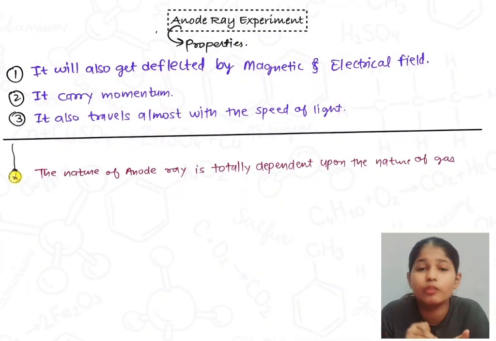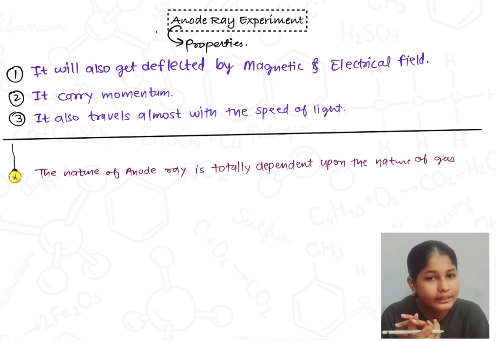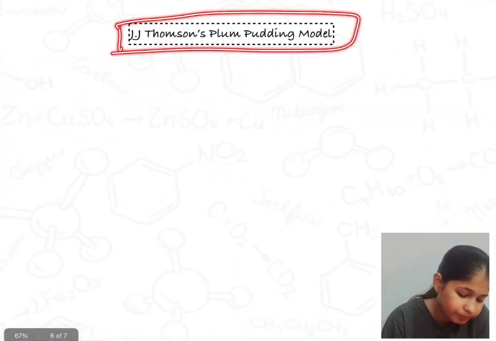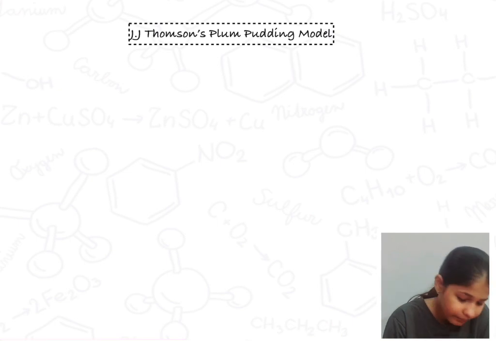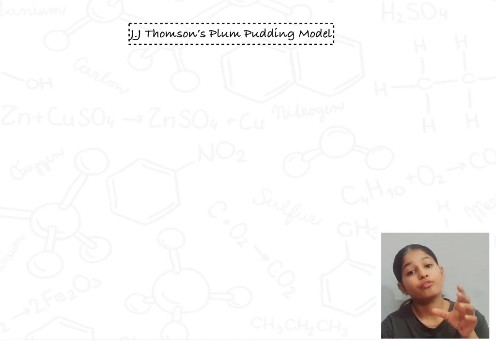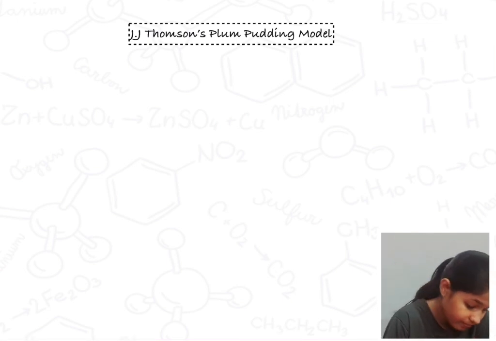I will use the watermelon to make you understand what he wants to convey from the model. Okay, so first of all let me show you how he was assuming that the atom will be from inside.